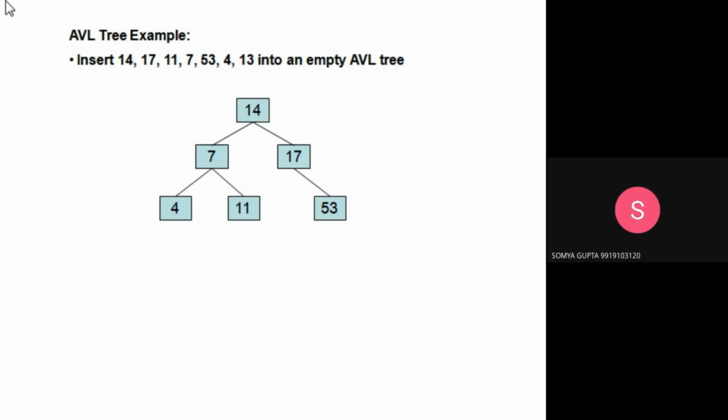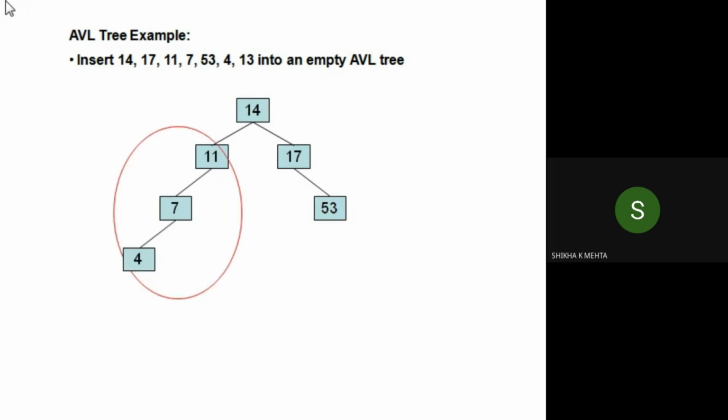Yes, ma'am. Okay. Now let us, after balance, see what we have done is, after creating this one, because now what we are trying to create is an AVL tree. So as soon as the tree becomes unbalanced, see, before the insertion of 4, the tree was balanced. So we have not done anything. But as soon as we insert 4, the tree becomes unbalanced. So that means after every insertion, we have to check whether the tree is balanced or not.